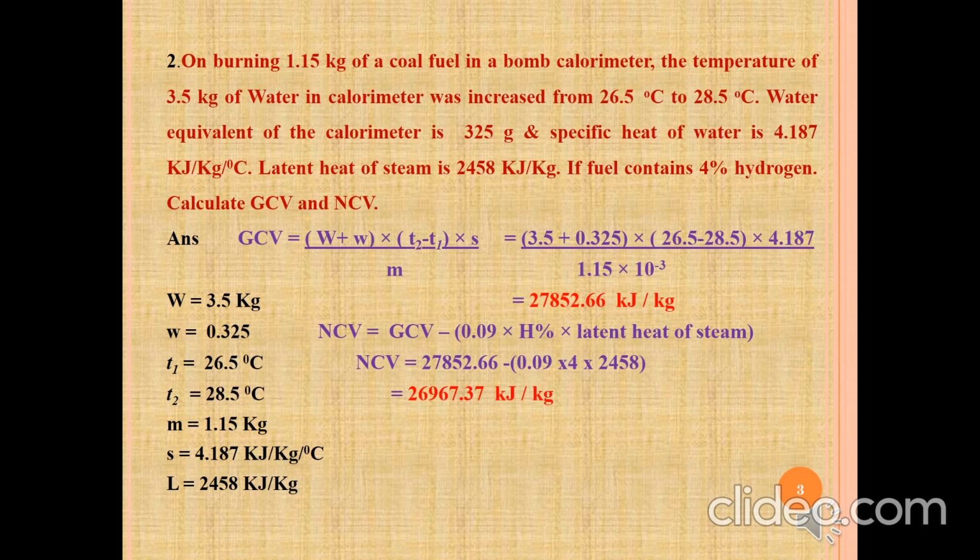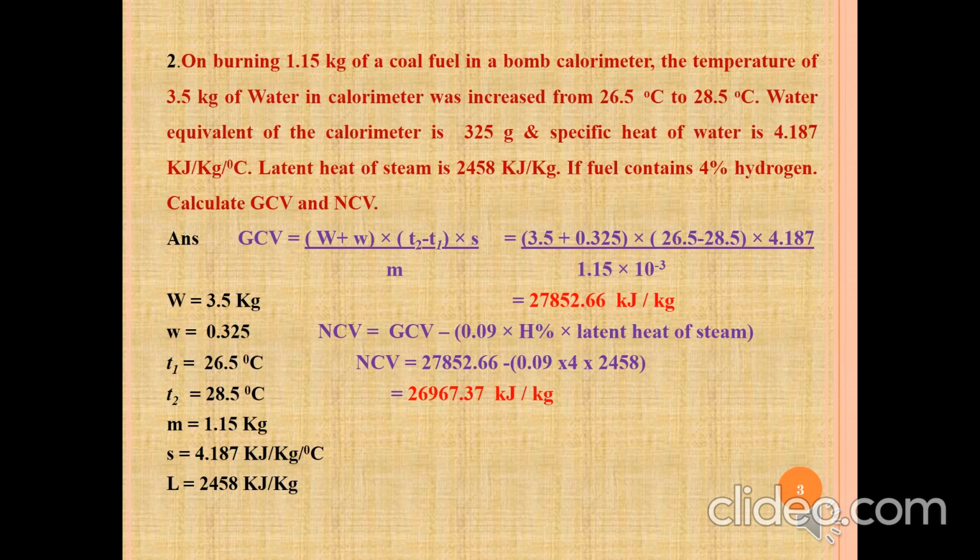So first of all, here also we have to write the given terms. Capital W, which is the weight of water taken inside the calorimeter, is 3.5 kg. Small w, the water equivalent of calorimeter, is 0.325 kg. T1, the initial temperature of water, is 26.5 degrees Celsius.